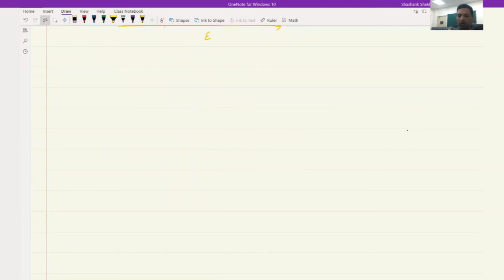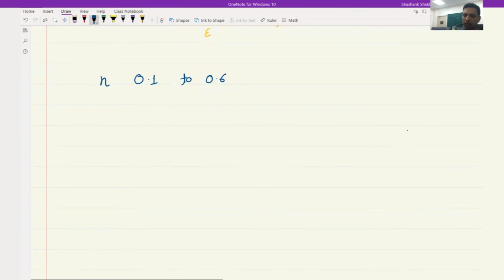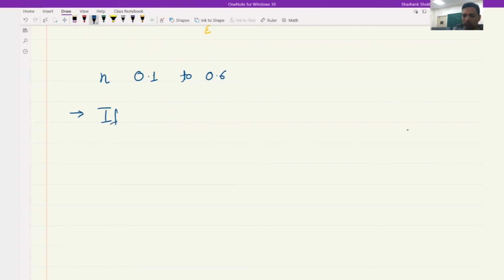Another important point about n. We see that n usually ranges from 0.1 to 0.6. If n is low, then what it means is that the work hardening rate is initially high, but the rate decreases very rapidly with strain. I will schematically draw to explain it.